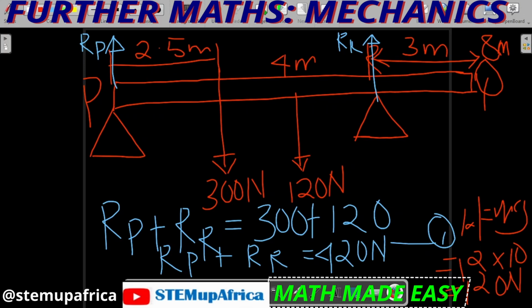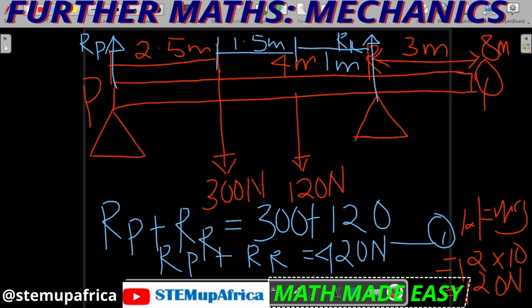So before you take the moment, it's important you get the distance of each force to the support. For the 300, the distance from the 300 to the support P is 2.5. So here is 2.5, that means the distance from here to here will be 1.5 meters. And the distance from here to here will be 1 meter.